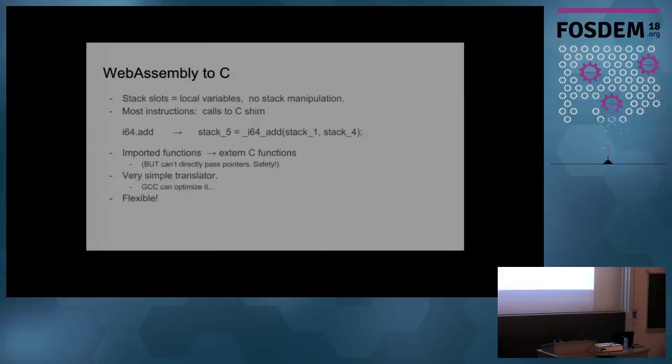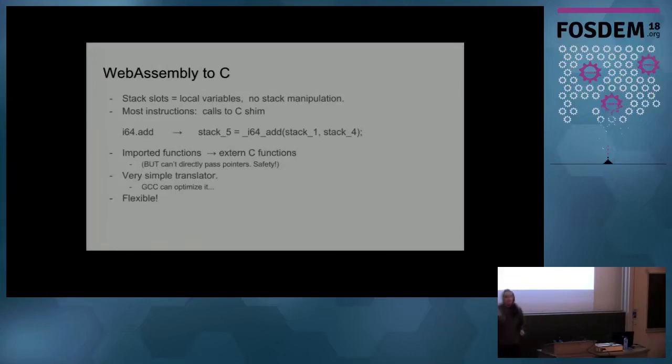That pointer is indexed to some local span of memory, some local buffer, and you need to take that into account. And as I said, the translator itself is very simple. It's just a few hundred lines of code, and it's quite crude, but GCC can optimize most of it away, so it doesn't harm performance any.